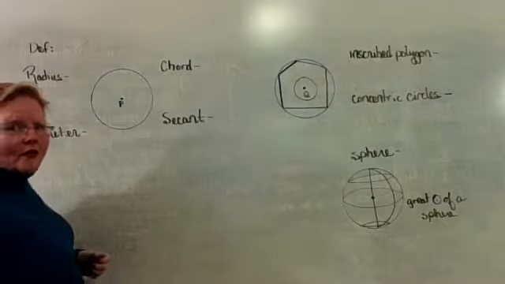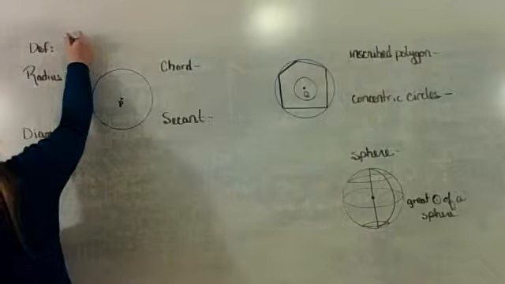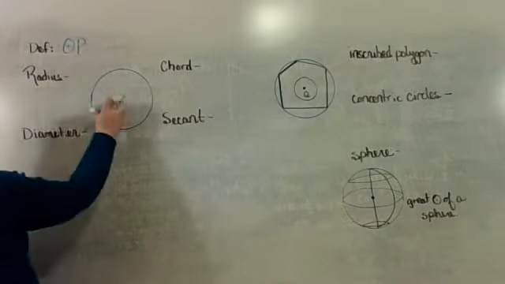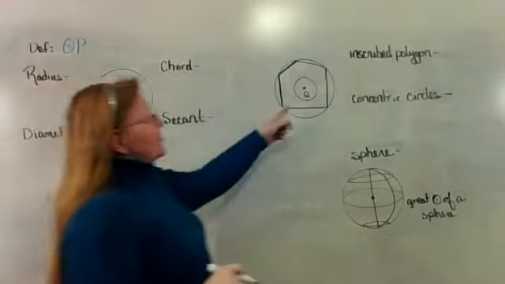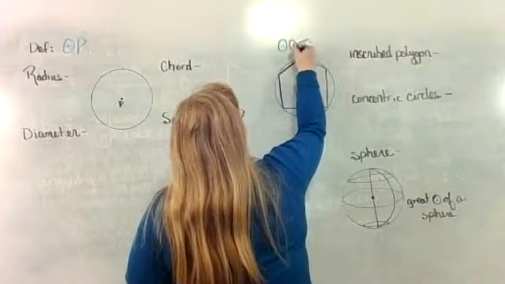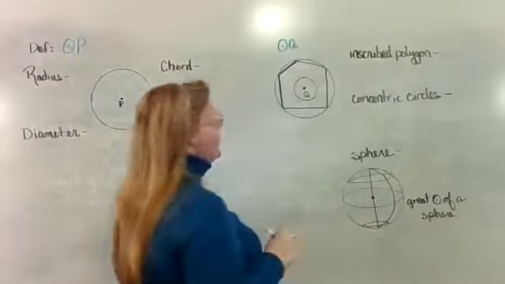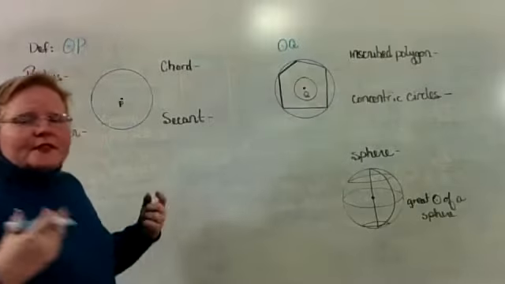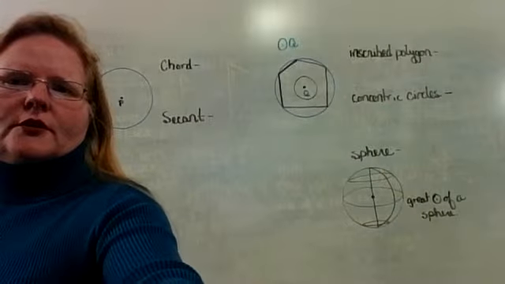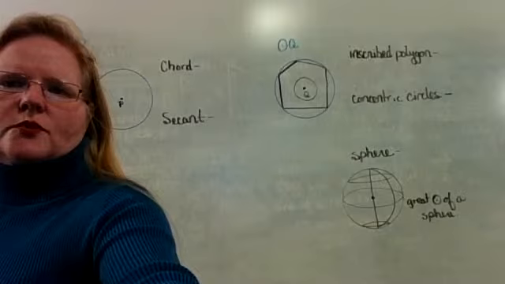Anyway, circle P. That's this circle. This circle over here, of course, would be called circle Q, because it goes by whatever is inside the circle for its center.